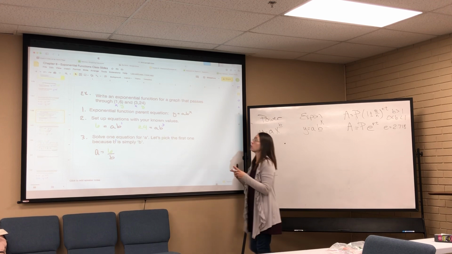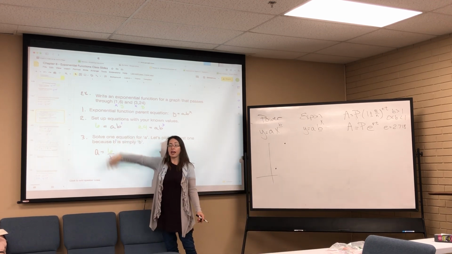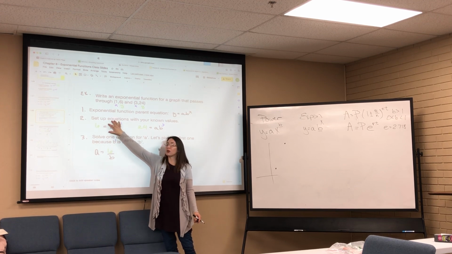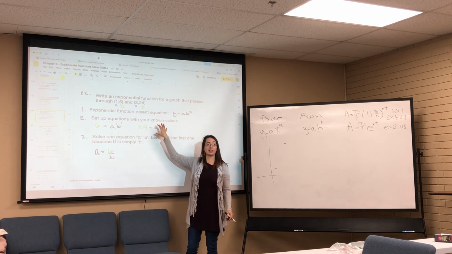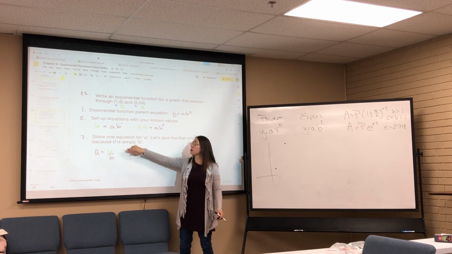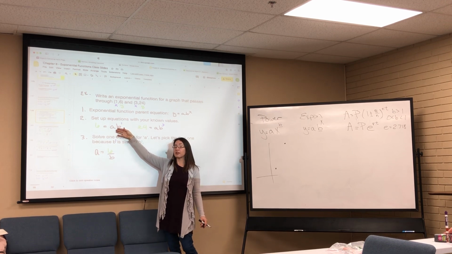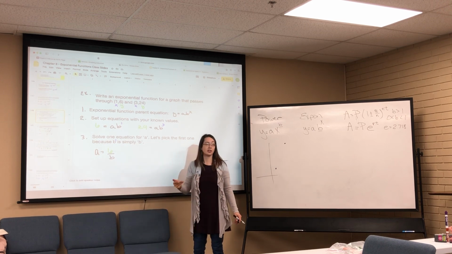Now the number one rule of substitution: you rearrange one equation and you plug it back into itself. No, you rearrange one equation and then you use that equation and plug it into the second one. If you make the mistake of plugging back into itself, you will get infinite solutions. Okay? But then when you go back to check it, it's going to be wrong.